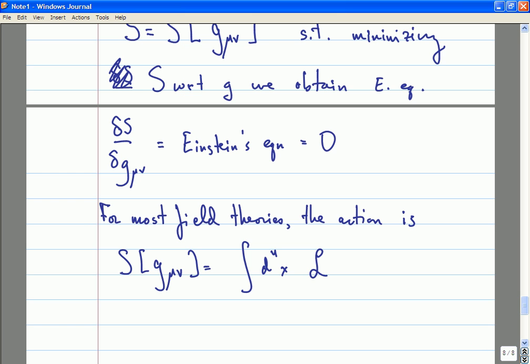Field theories with this property that the action is the integral of a function of points of space-time are known as local field theories. Happily, all of the field theories, Newtonian gravity, Maxwell's theory, and Einstein gravity, are all local field theories. So that makes it particularly easy to use general principles to determine what the action of the theory is.